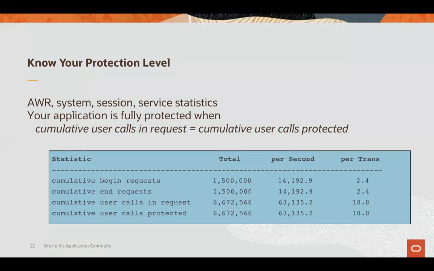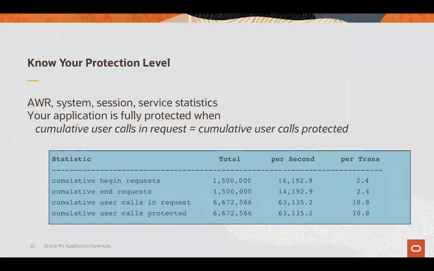There are just some statistics we consider very important here. For example, the recommended statistics you have to consider for measuring your protection level are cumulative user calls in request and cumulative user calls protected. So for these two numbers, the ideal case is that they are exactly the same.